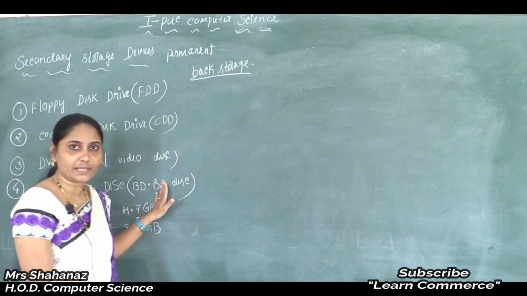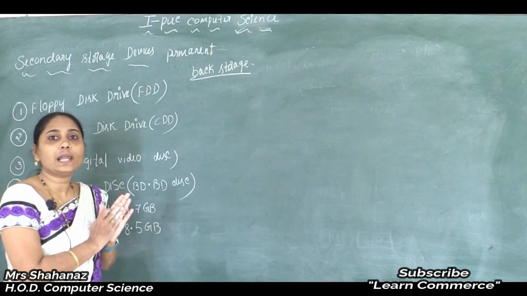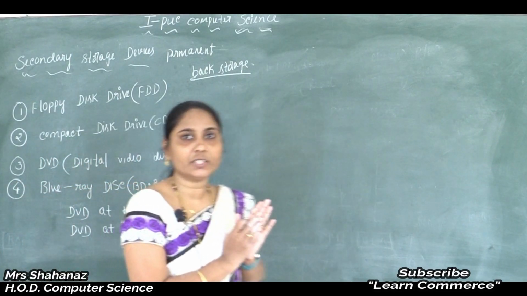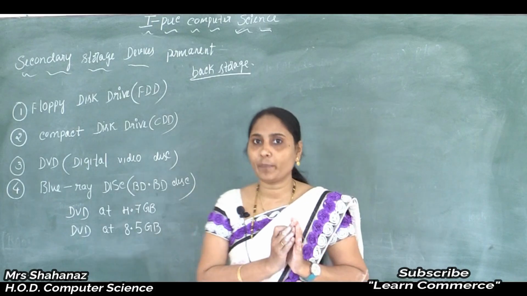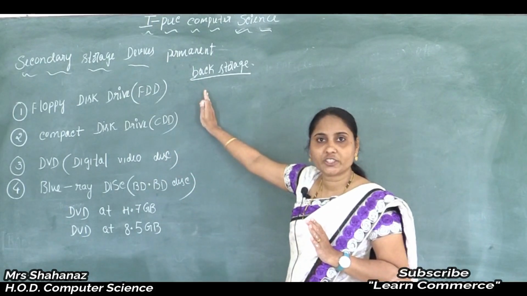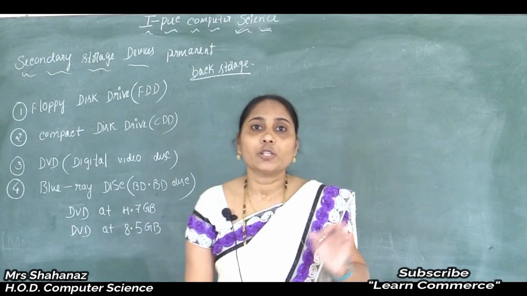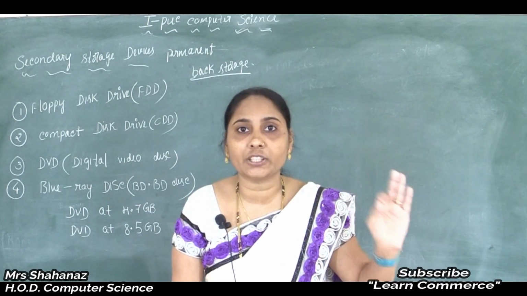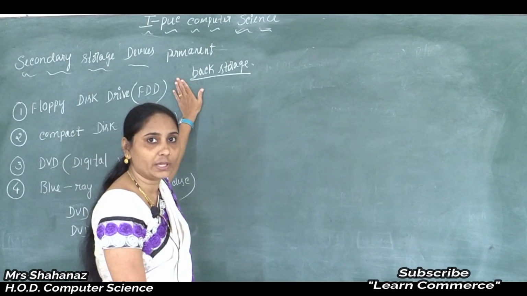That means by using primary memory we can store only a small amount of information, but by using secondary storage devices we can store a lot of information. So it has a larger capacity than our primary memory.